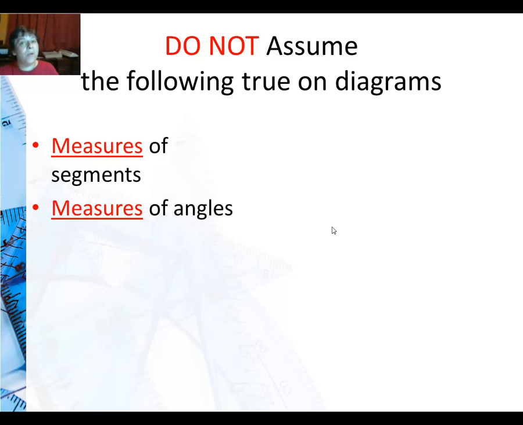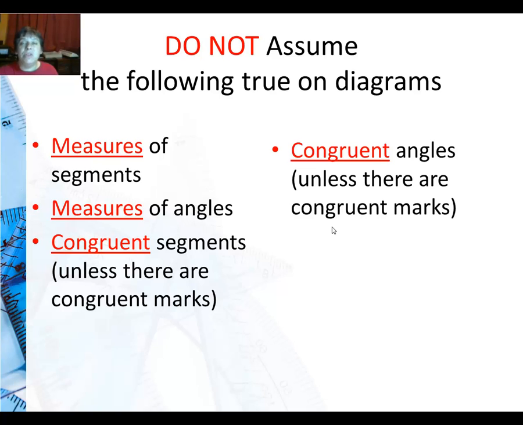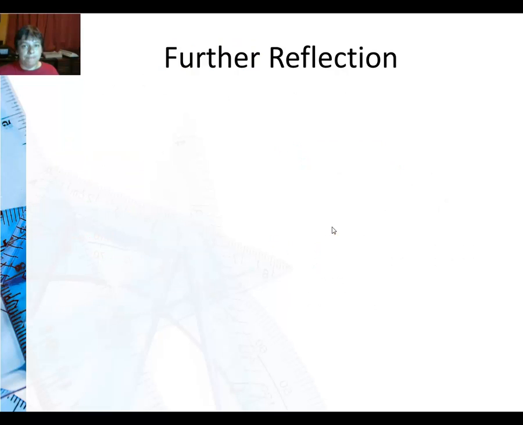Don't assume that it's right just because it looks close to being a right angle. Don't assume that segments are congruent if there is not a congruent mark there. And don't assume that angles are congruent if there is not a congruent mark there. And again, right angles, just because it looks like it's 90, unless it has that little square in it, do not assume that it is a right angle.